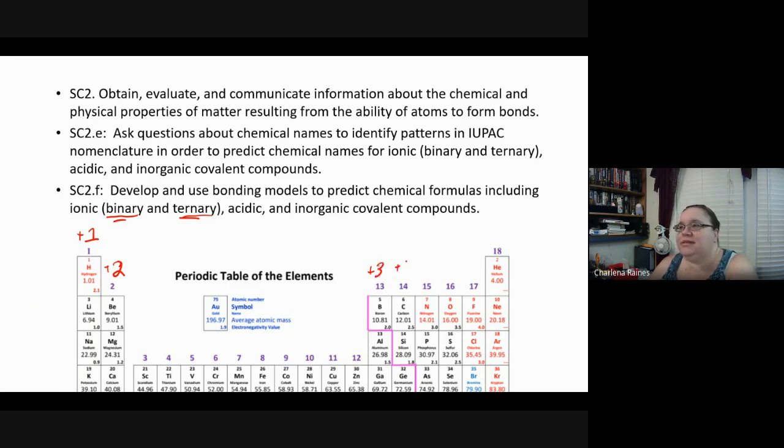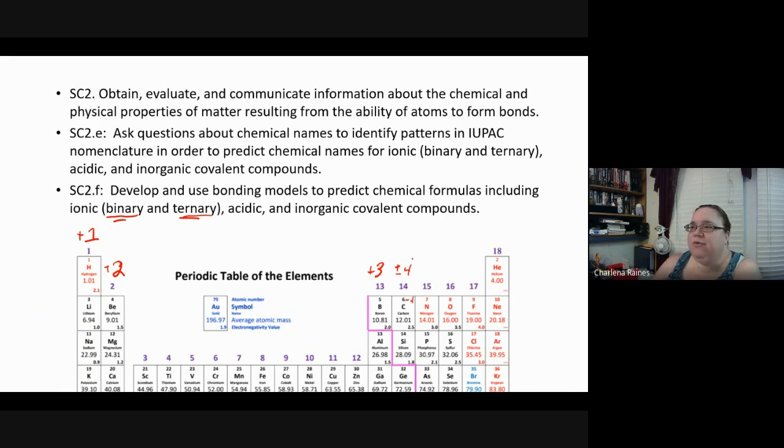These are positive charges because they are losing their electrons. And then when we get to group 14, it could be either or, with carbon, my nonmetal, being a negative 4. My metalloids don't form ions, but my metals will form that positive charge, sorry.